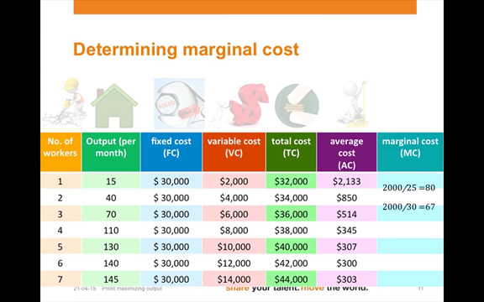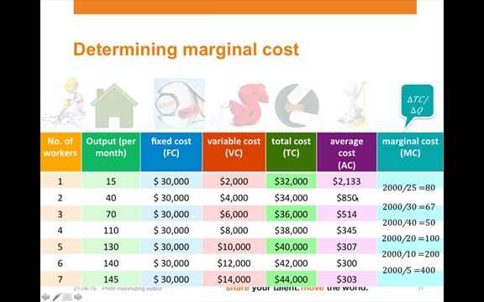If we do the same in the second row, again we'll find a difference of 2,000, but this time divided by 30. What you should notice is that as long as the marginal costs are below the average costs, the average costs are falling. But as soon as the marginal costs exceed the average cost, the average goes up.